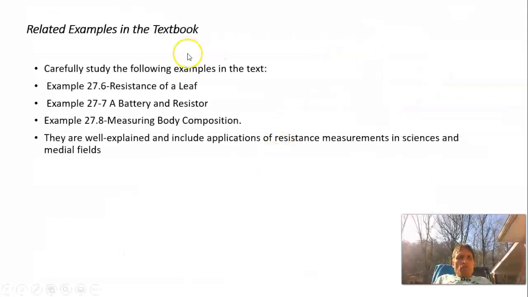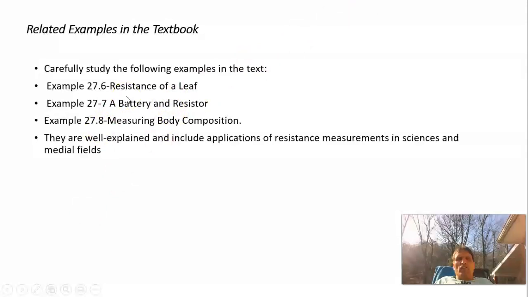There are 3 examples that are very good in the text related to this, and I highly encourage you to work these out and to read them. Not only are they well explained and good examples of Ohm's law, but they're different examples of how Ohm's law is used in the biological sciences and in medical fields, in addition to physics.